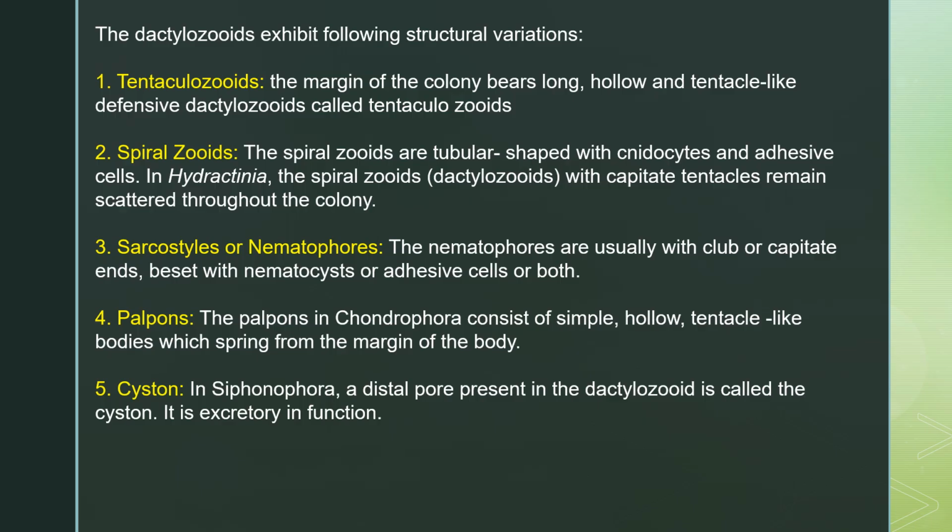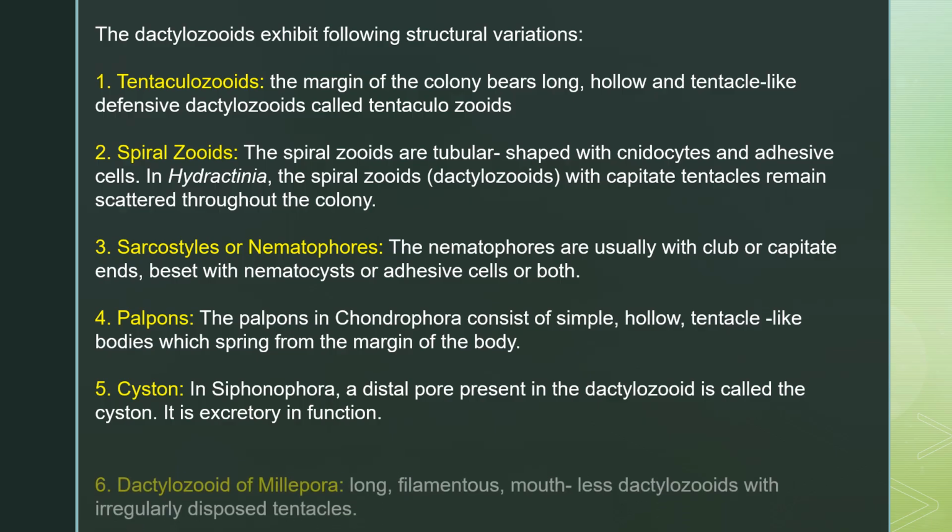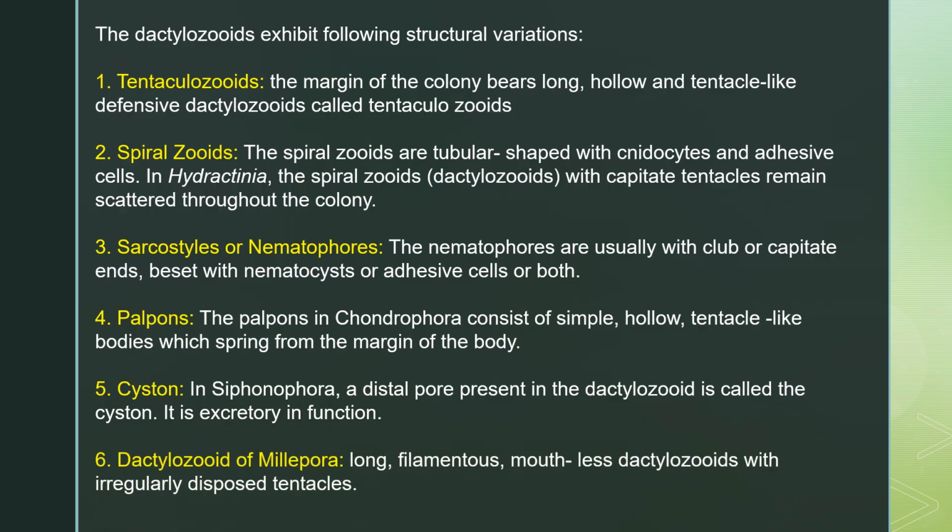Cystons are present in Siphonophora. A distal pore is present in the dactylozoid, which we call a cyston, and it is excretory in function. Then there are dactylozoids of Millepora, which are long filamentous mouthless dactylozoids with irregularly disposed tentacles.